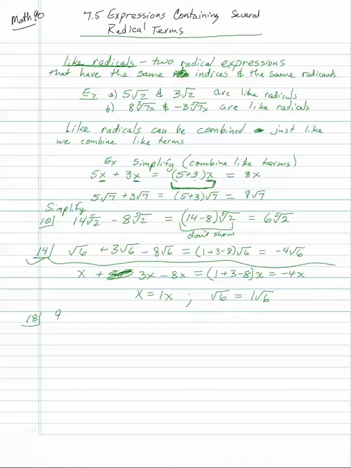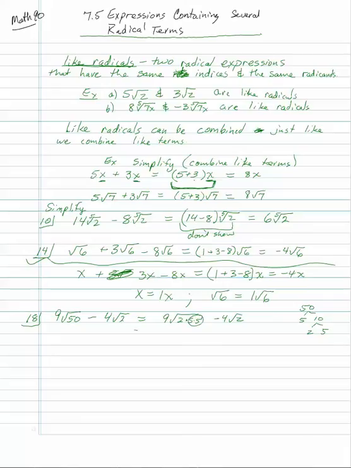Alright, let's try. Now what's different than with variables is like number 18, your first step is you need to simplify the square root first before you combine like terms. So we need to simplify the radicand. So I'm going to take 50. 50 is 5 times 10, and 10 is 2 times 5. If you do a tree diagram for factoring, I got 2 times 5 times 5 minus 4 square root of 2.